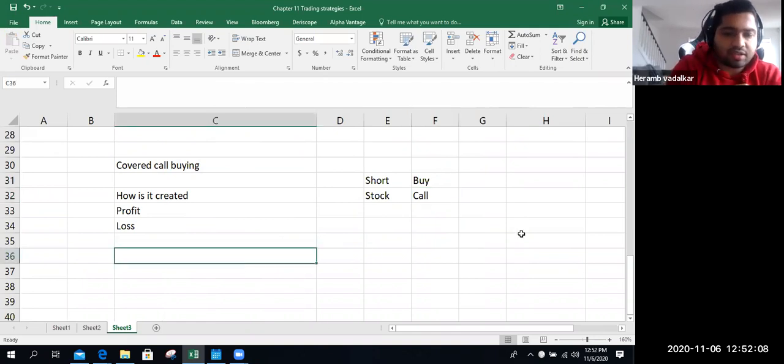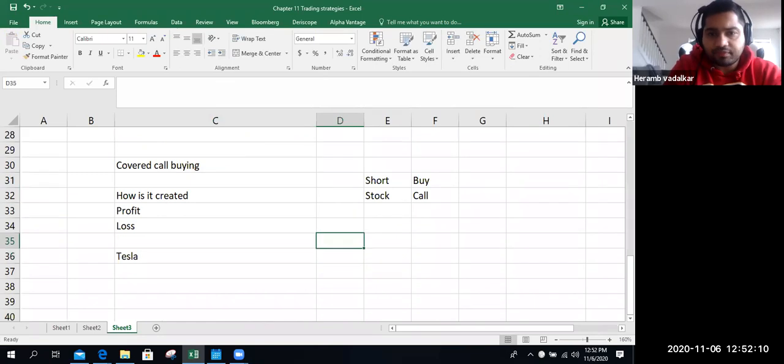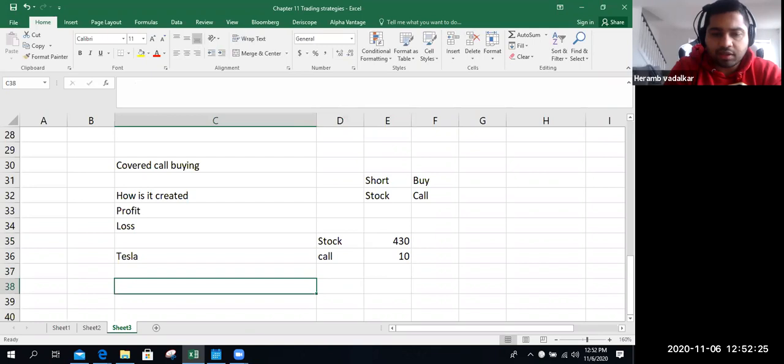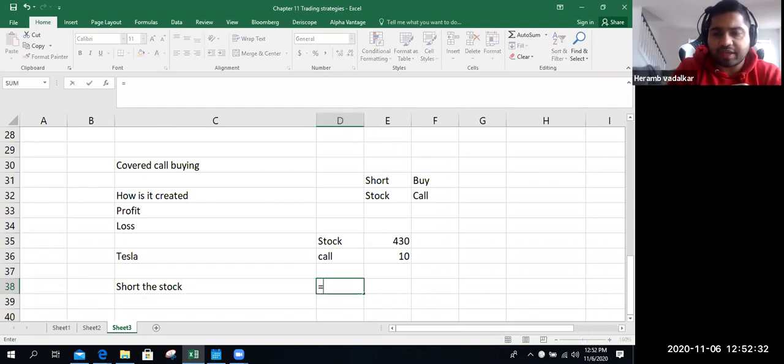So let's do that. Tesla stock was at 430. Okay, and the call option premium was $10 for a 430 call. So what do you do? You short the stock. Whenever you short a stock, you get money.